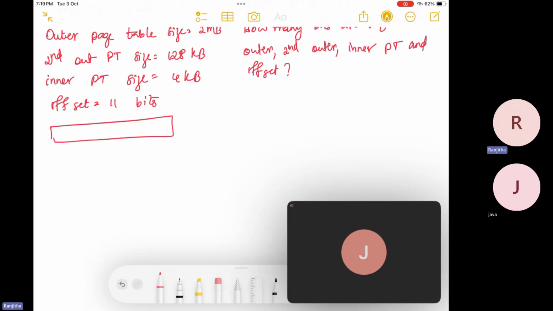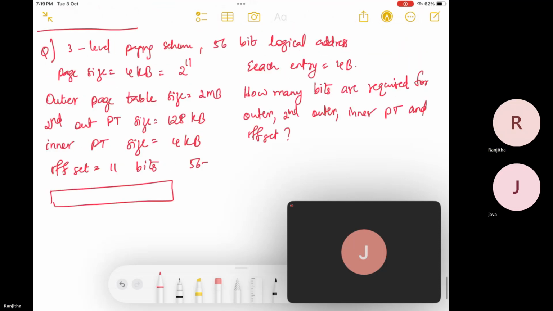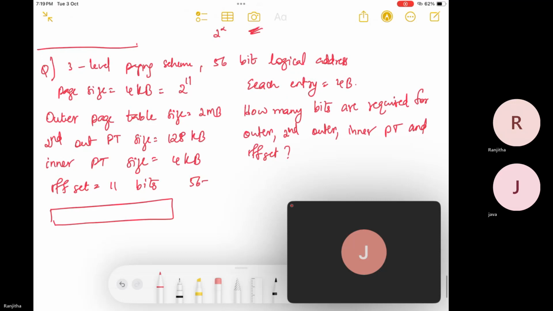So 56 minus 12 is 44 bits. We have P1, P2, and P3, and this is 44.